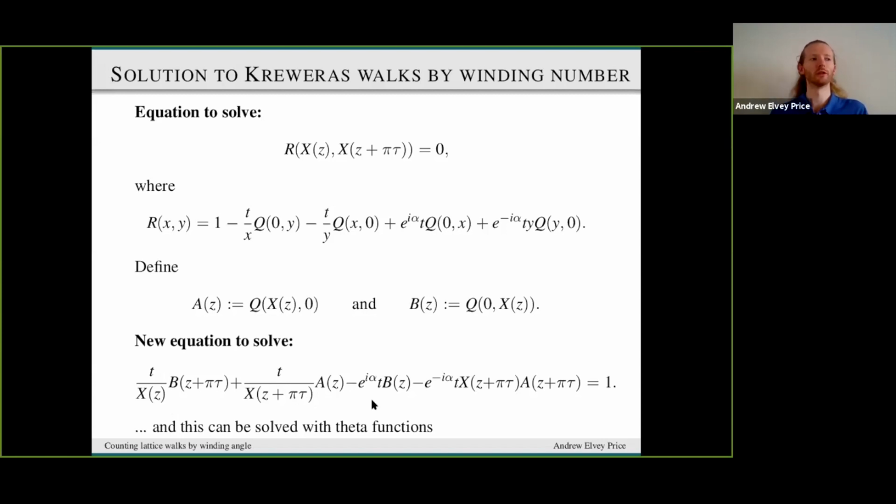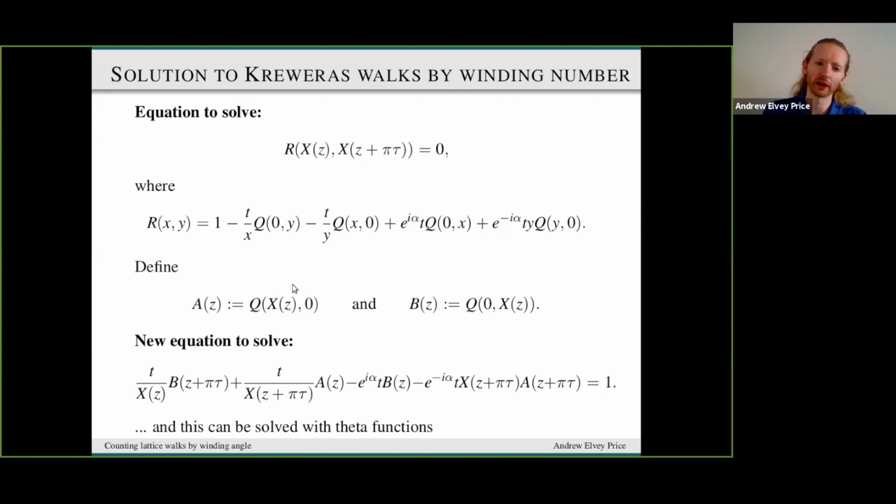Now I haven't told you everything we know about a and b, so we can also prove that they satisfy certain properties such as being almost even, so they're fixed under certain transformations. Using these properties, we can solve the equation.